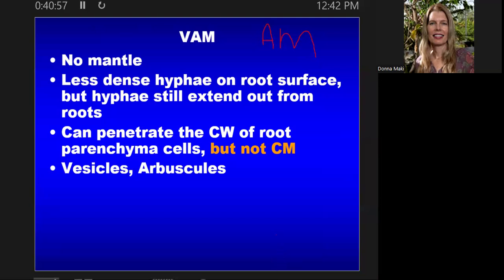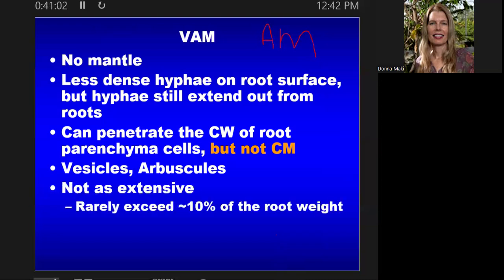When you look at their biomass, because they don't form that thick mantle, their biomass isn't very good, relatively. So it's only like 10% of the root weight. But that doesn't mean they're not useful. They're hugely useful to the plants. They just don't grow as robustly on the roots.